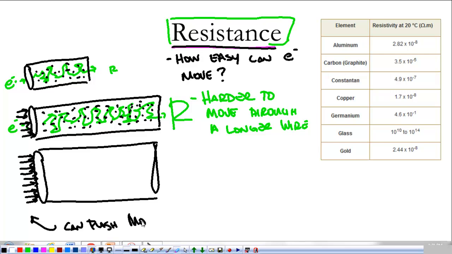I can push more charge when I have a larger area. Which means the resistance here for this larger area is going to be less than this resistance. I can move more charge through here. So it's easier to move more charge through a wire with more area than it is a wire with less area.